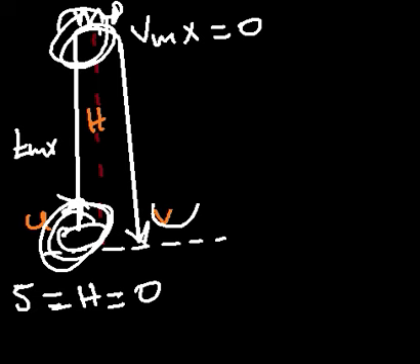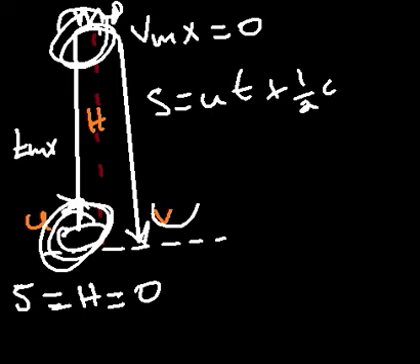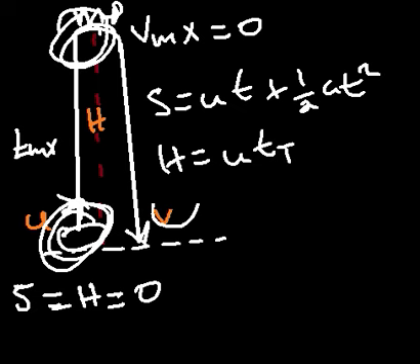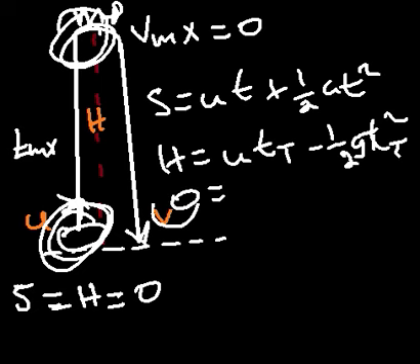We use displacement s = ut + half at squared. Here s is the height, which is displacement, so 0 = u t total minus half g t total squared. If we have the t total, we can have the initial velocity using this formula.